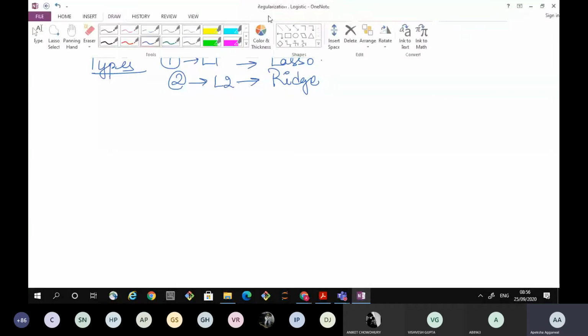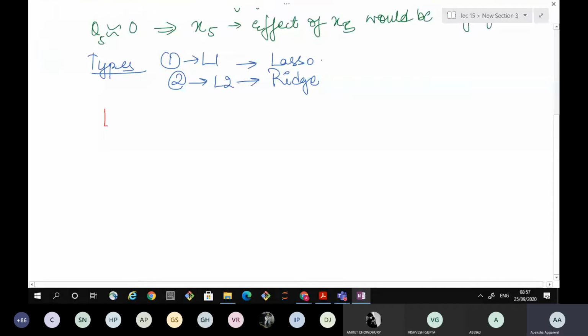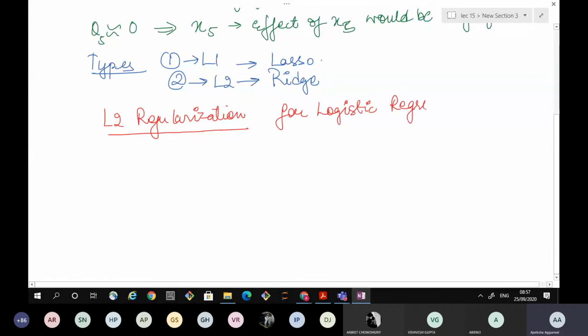So in L2 regularization, suppose I'm studying logistic regression. We have already seen what the cost function is. What is the cost function?